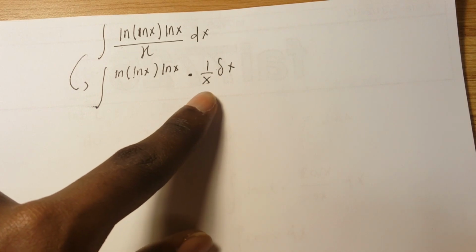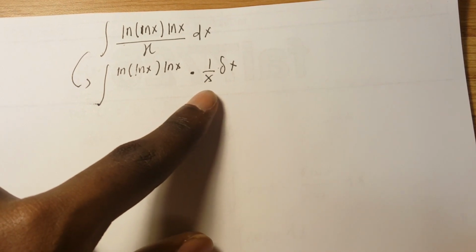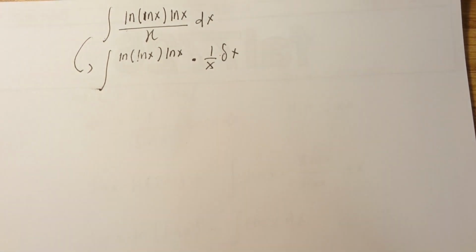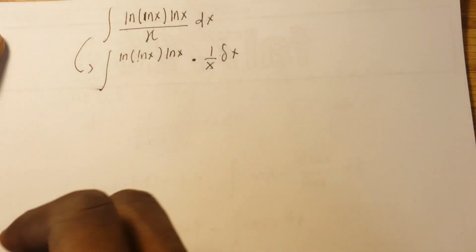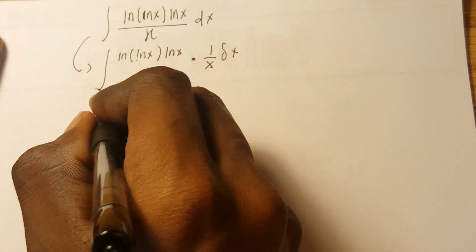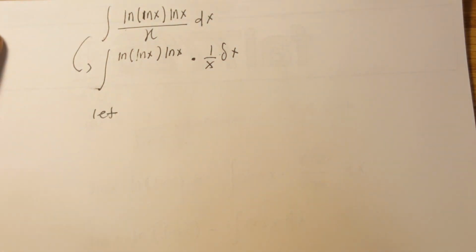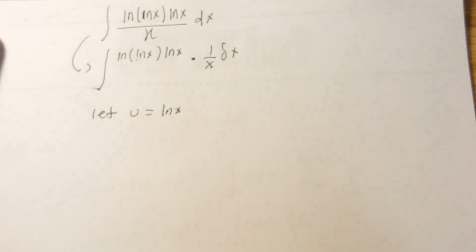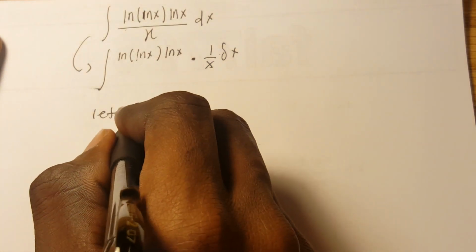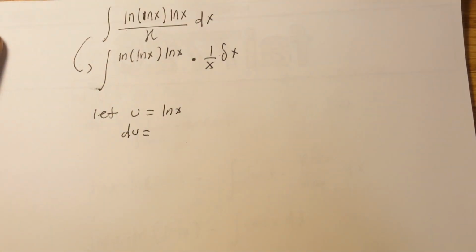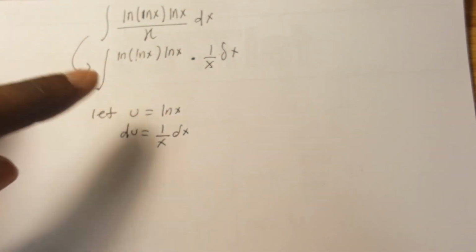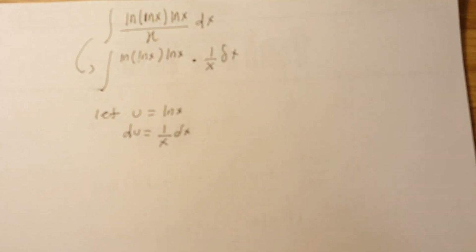So that should tell you that U substitution will work here. So let's go ahead. Now we will let our u be equal to natural log of x, and du be equal to 1 over x dx. That is, if you differentiate natural log of x, this is what you get.